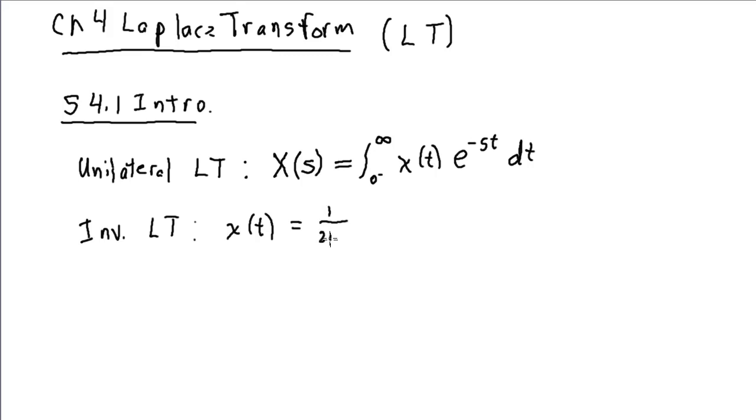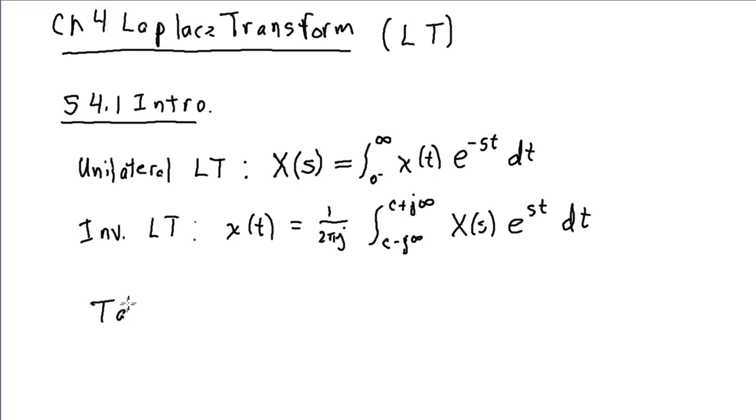It's 1 over 2 pi j, and since s is a complex variable, we actually have to integrate over a contour along any real line from c minus j infinity to c plus j infinity of our X of s function times e to the st. You typically don't learn about contour integration until you've taken a course in complex variable theory, so we will not be using this formula to calculate the inverse Laplace transform.